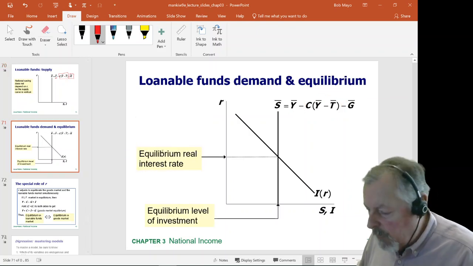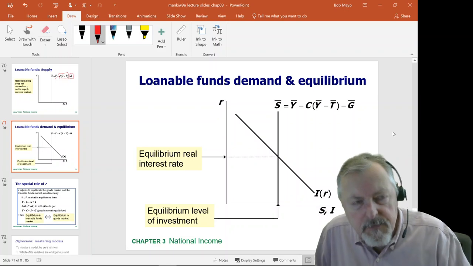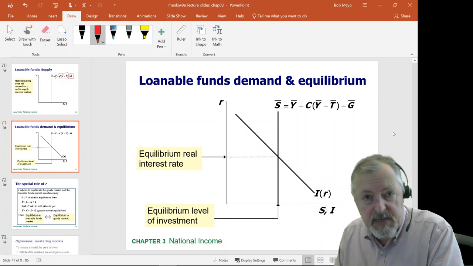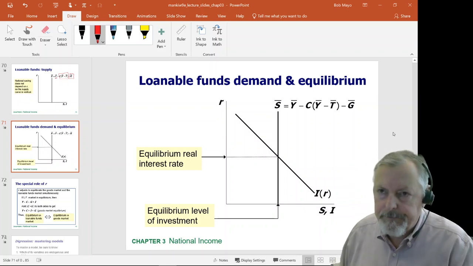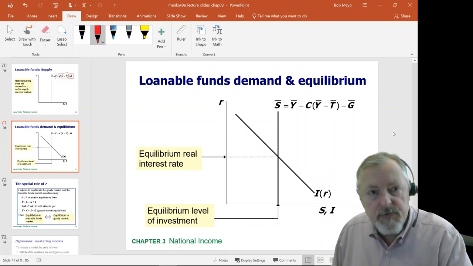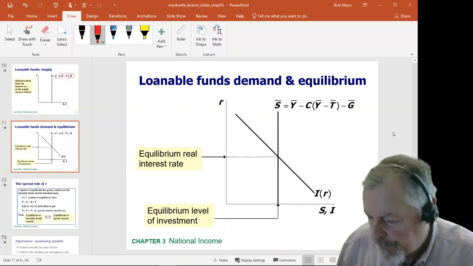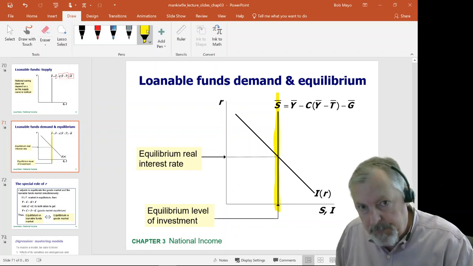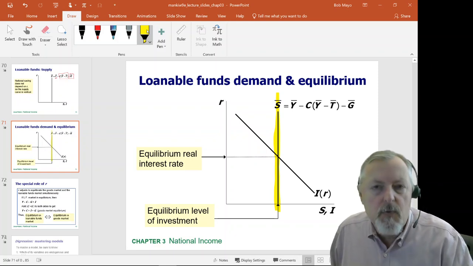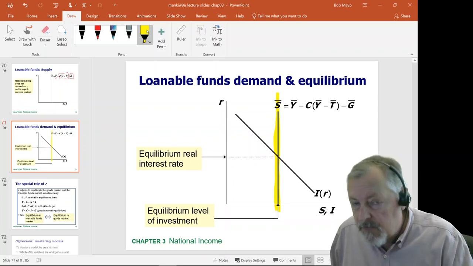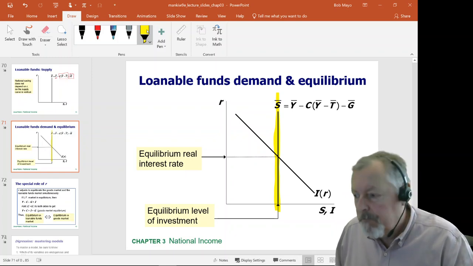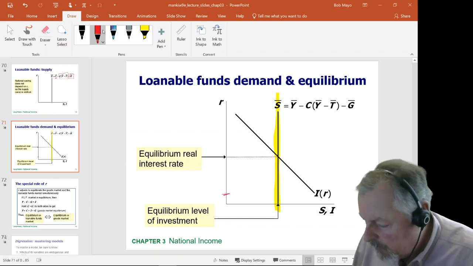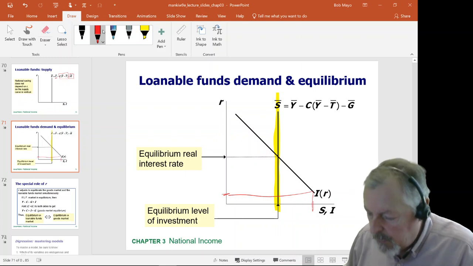Well, if that's the supply of loanable funds, what's the demand for loanable funds? That's investment. People supply loanable funds by savings. People consume, in a sense, loanable funds by borrowing it and investing it. So we already know the supply is a vertical line in this simple model. The demand for investment funds, well, that is a function of the interest rate. If interest rate is low, people will want to borrow and invest a lot.